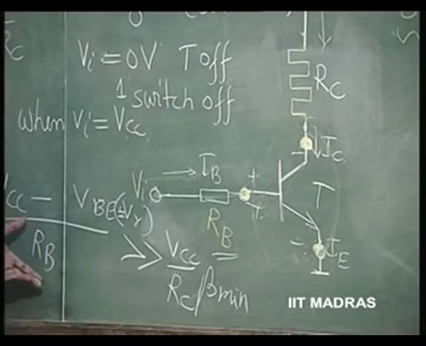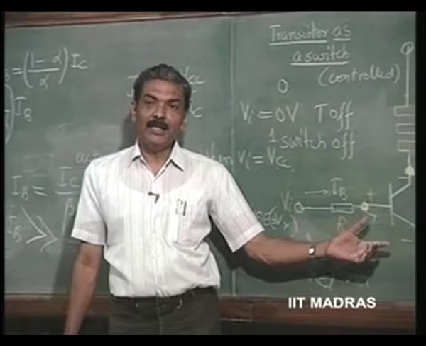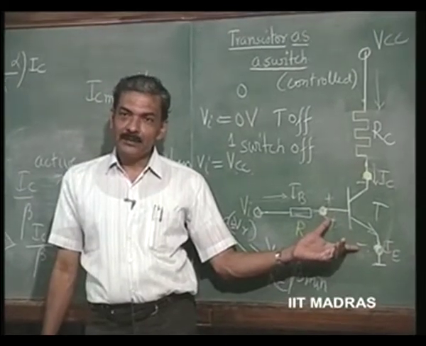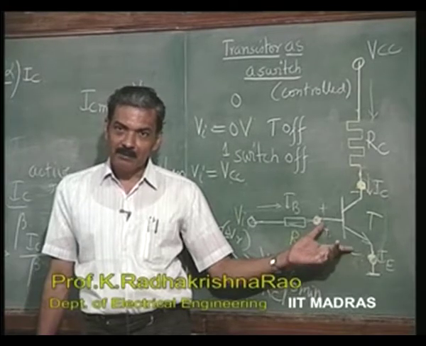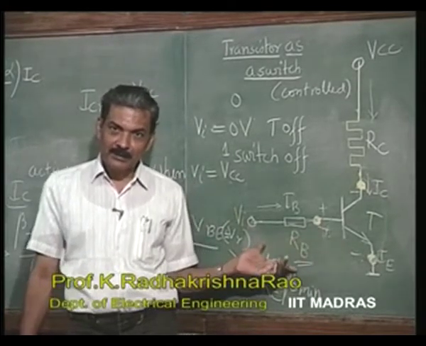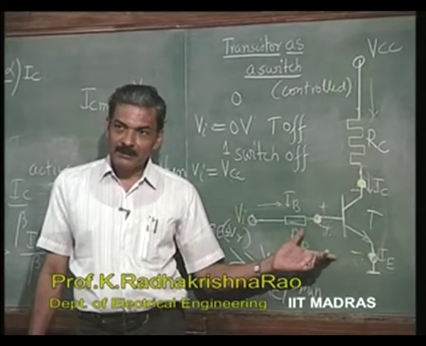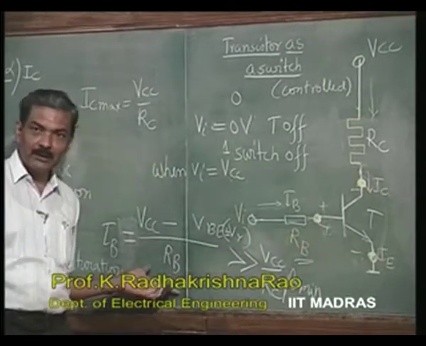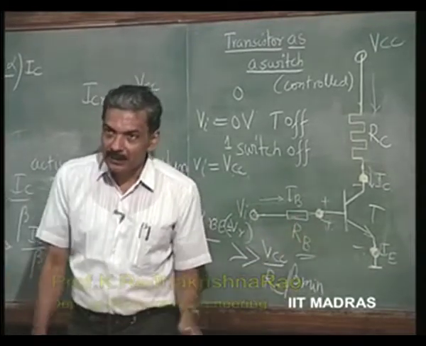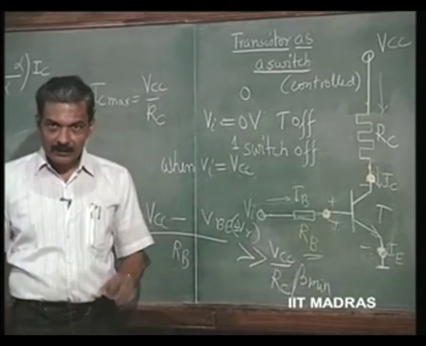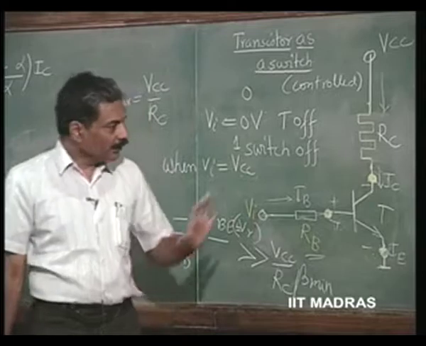The maximum value for RB is limited by this equation. The minimum value is limited by the maximum base current that you can permit through the transistor without damaging it. So, any resistance within that range must be put here in order to design it as a switch.